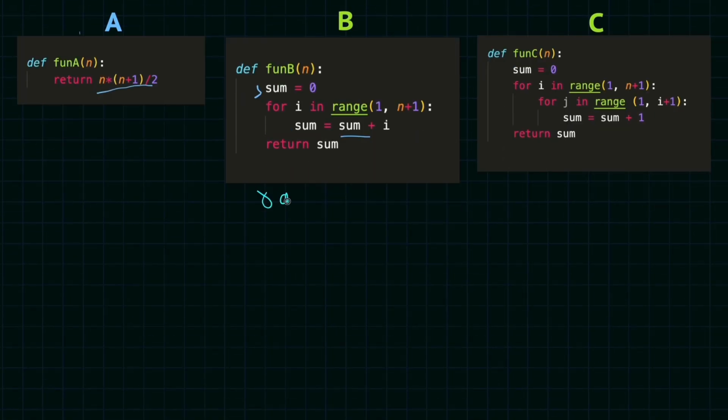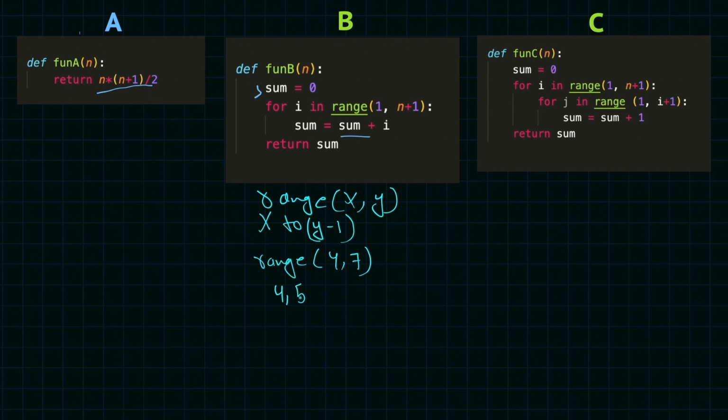When you provide x and y as parameters to the range function, it gives you the values from x to y minus 1 and increments those values one by one. For example, if the range is from 4 to 7, it will return the values 4, 5, 6, that is, up to y minus 1, which is 7 minus 1, so up to 6.